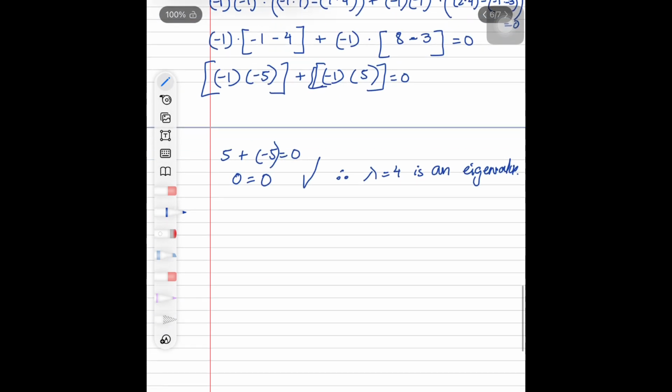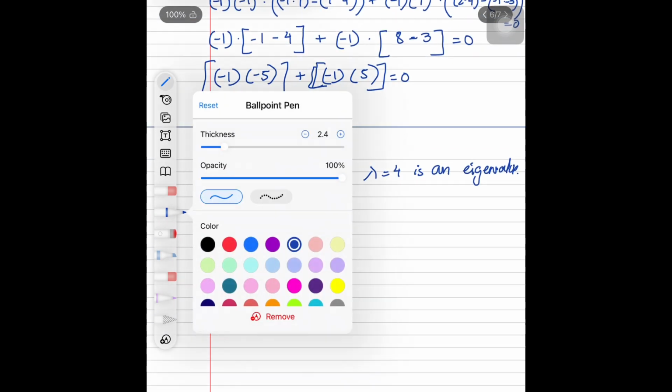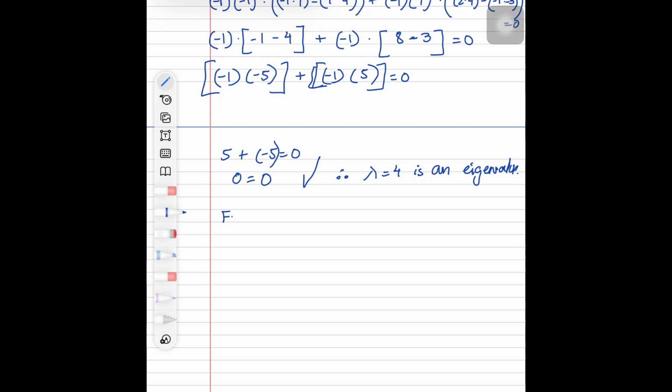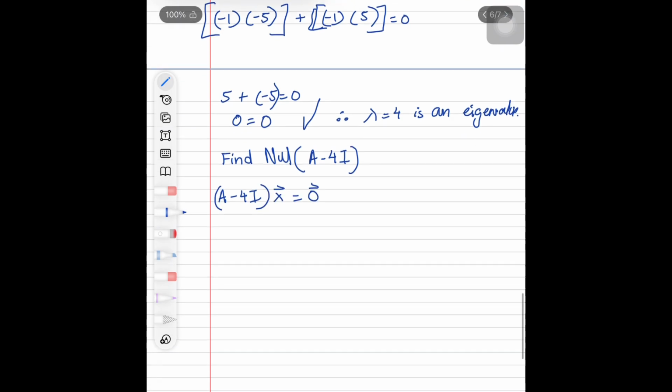So we'll be finding the null space. In order to find the null space, we know that we find the null space by doing A minus 4I times an x vector is equivalent to the 0 vector.